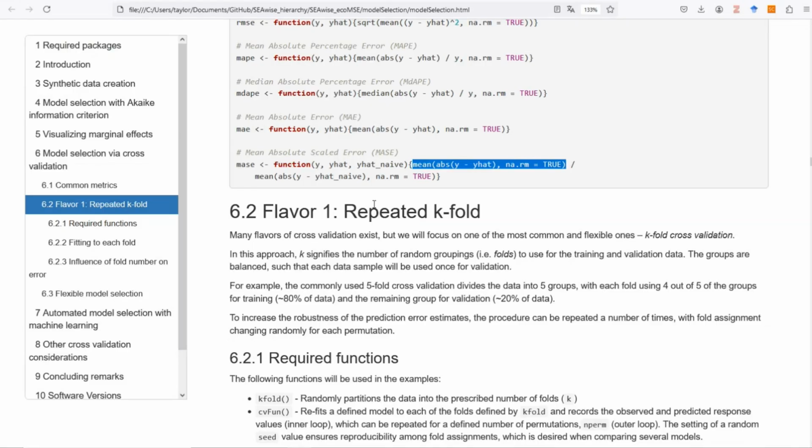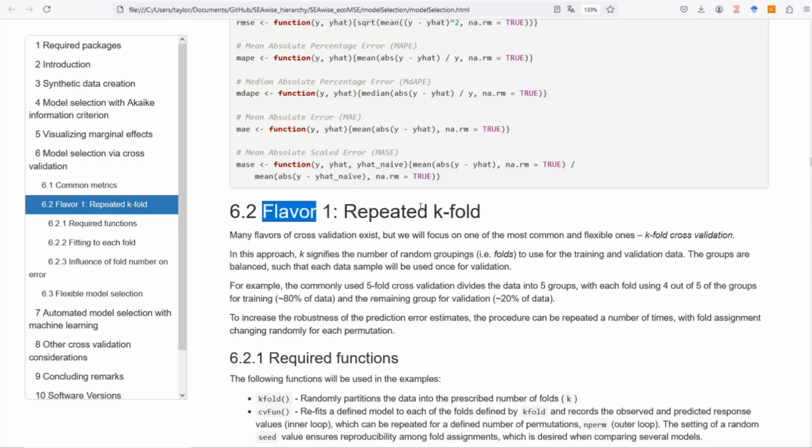Okay, so now we move to some practical examples for cross-validation. The first flavor, what I'm calling flavors because there are many different ones, depends a little bit on the strategy that you're interested in, what the properties of the fitted model are that you're going for.